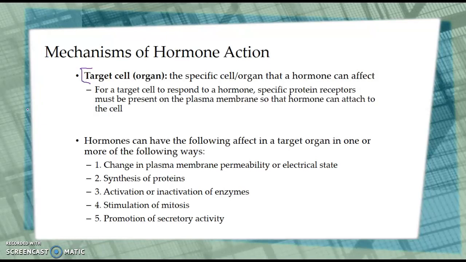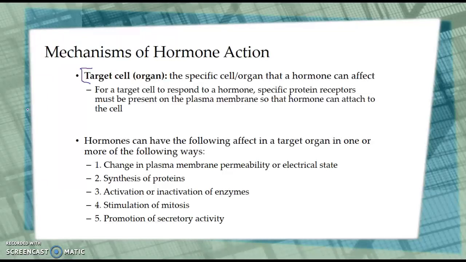That's going to travel to your bones. Your bones are going to be the target cell or the organ that that hormone is going to have an effect on. And we talk about that a lot because hormones are released to have an effect in your body. So we need to really be specific in what target cell or organ that is.